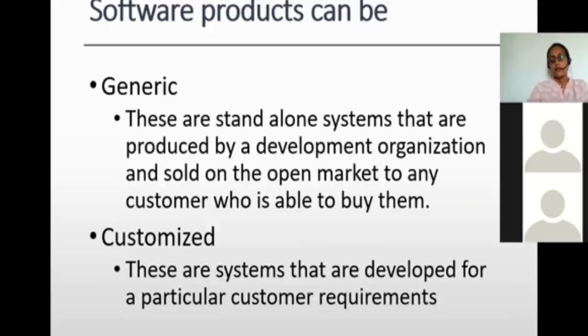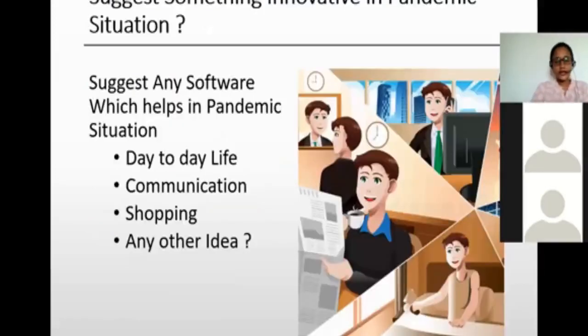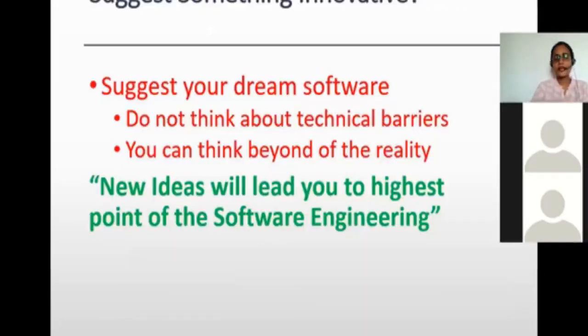Now we are going to do a small activity, right? We are going to do a small activity first of all. Now there are two activities actually, so both activities I am going to do together. Now the first one is to suggest something innovative.